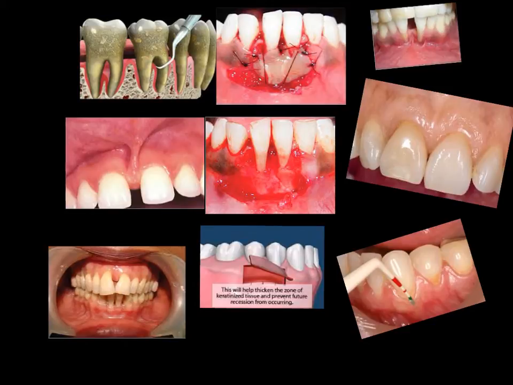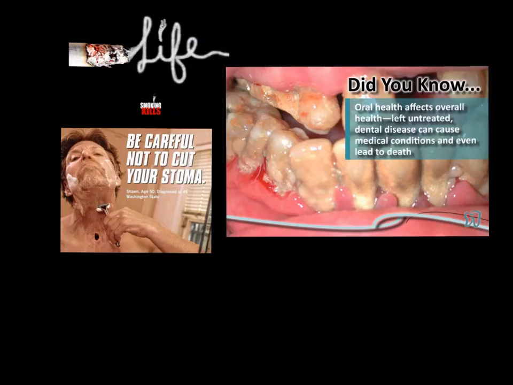Now we are going to the contraindications to periodontal plastic surgery. First of all, we must know that smoking, which is the first factor, is a dangerous thing.